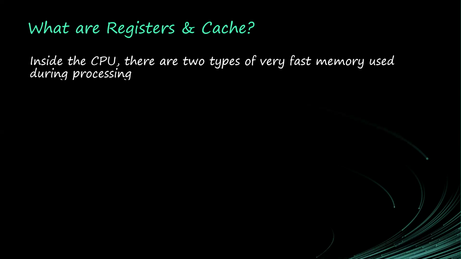While the computer is doing some processing, it will be storing some data it is using to work in memory. Don't worry, you'll get to understand more as we go along. There are two types of memory found in the CPU. The first one is registers, and the second one is cache. These are the two fast memories found in the CPU.